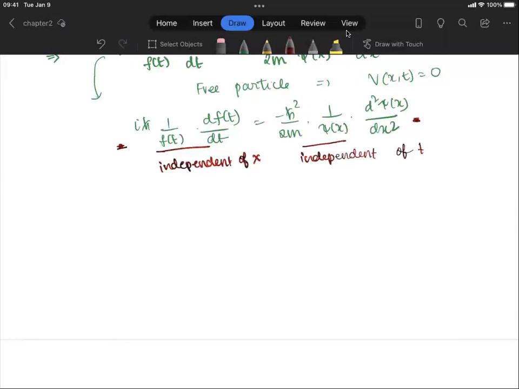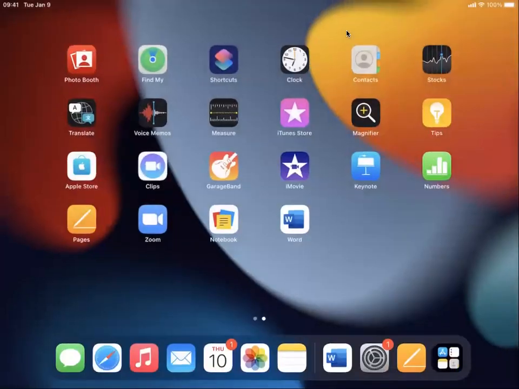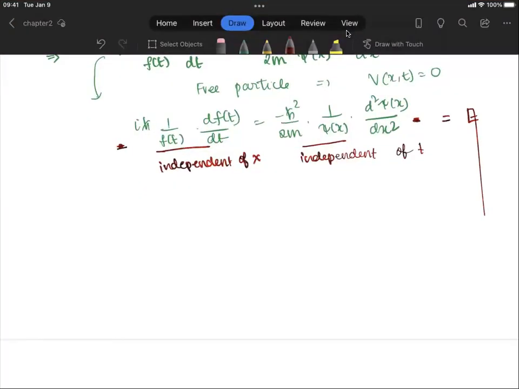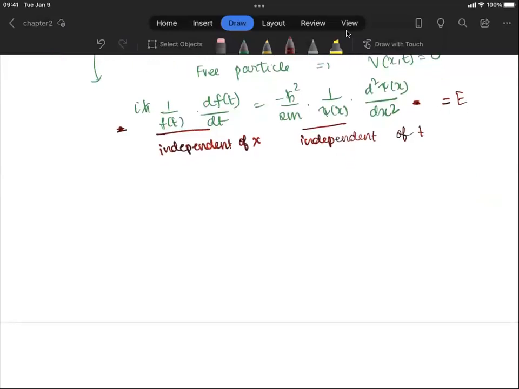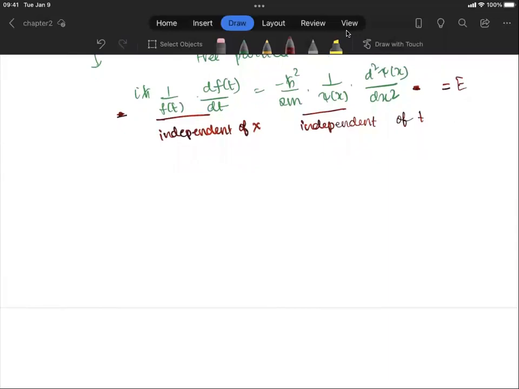This can only be possible if these two are equal to a constant that is energy. Only in that scenario can we have something like this happen. So they should be equal to a constant which we call energy. Now we can solve these equations separately.